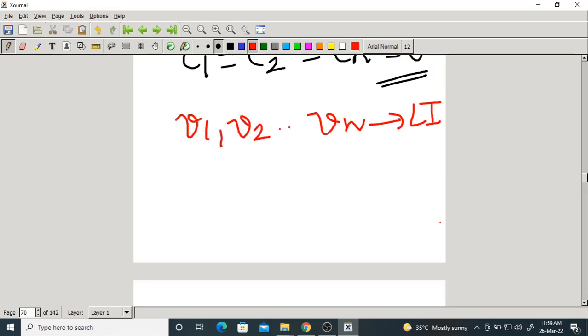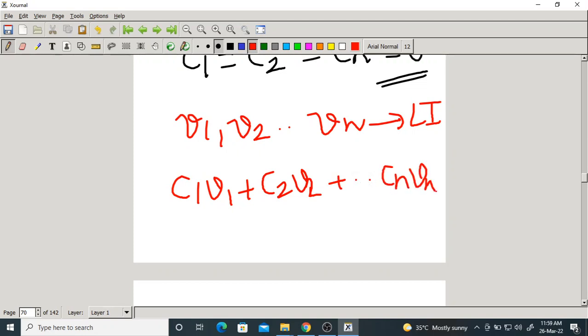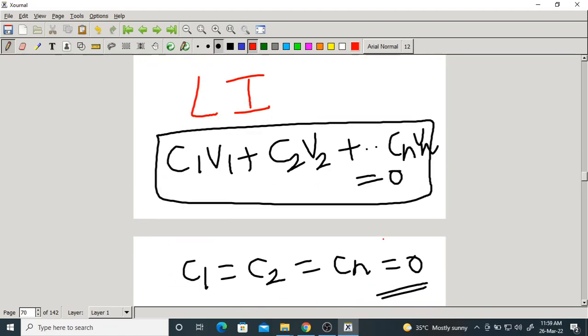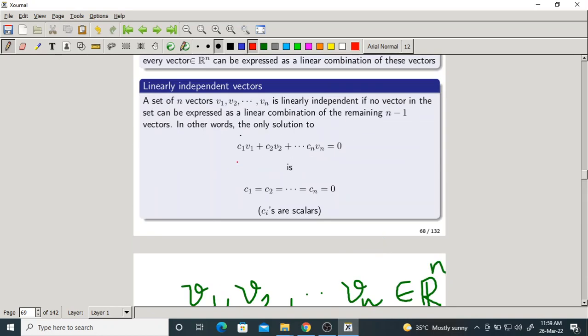Otherwise, c1 v1 plus c2 v2 plus so on cn vn is not equal to 0 except when c1, c2, so on, cn are 0. The definition is very simple. This equation is true if and only if all the scalars are 0. Then they are said to be linearly independent. Otherwise, they are linearly dependent.